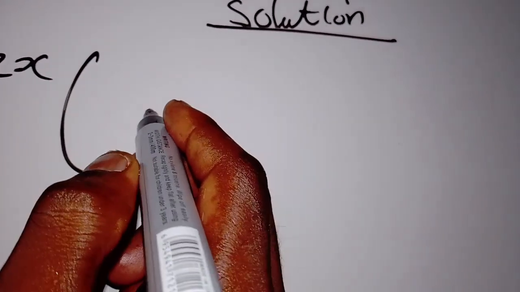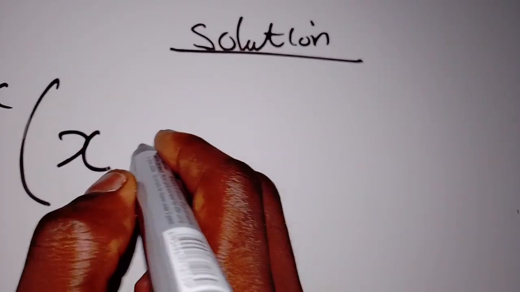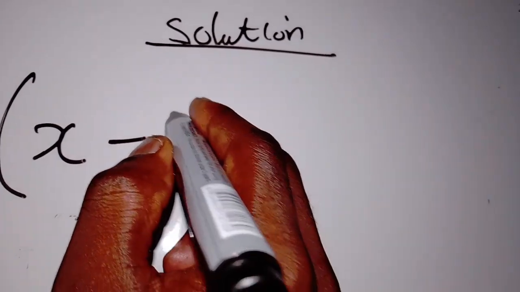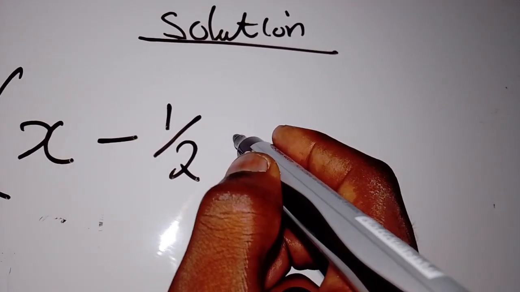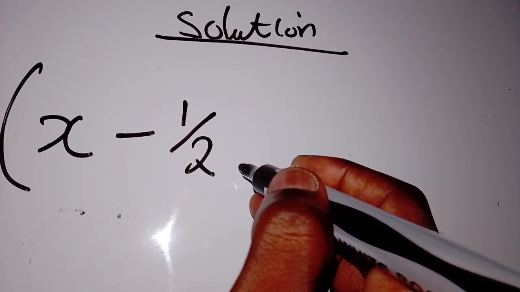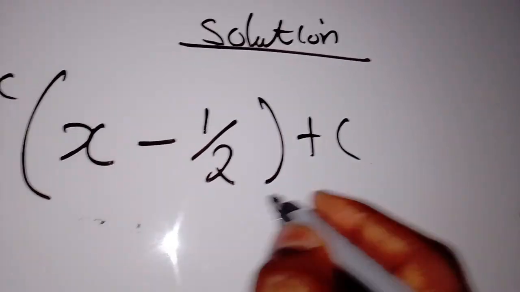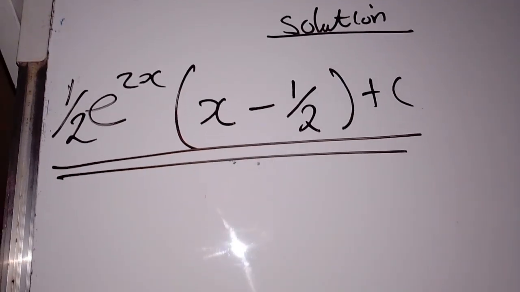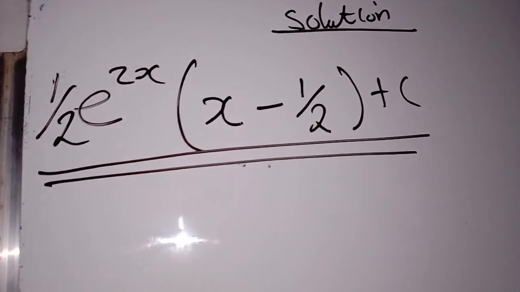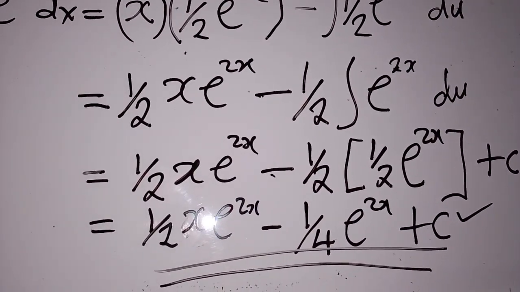And then you are going to remain with x here, minus 1 over 2, just 1 over 2, and then plus c. You can simplify in that way, or you can just remain here. That's how it is.